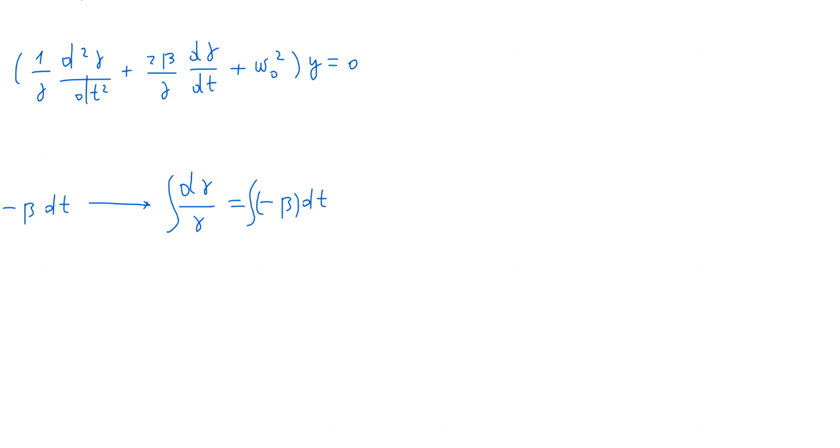So after integration, we get the natural logarithm of the absolute value of gamma equal to minus beta t.